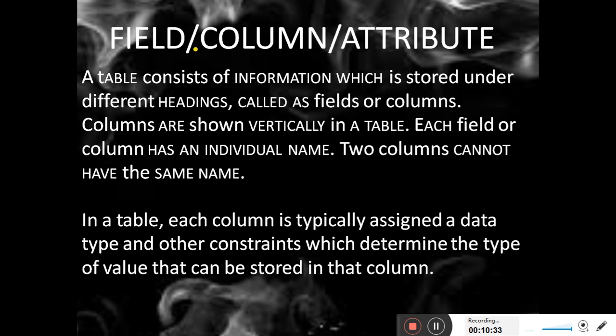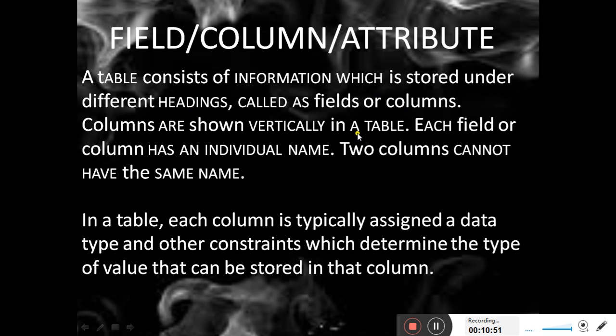Now next one is, what is a field or column? What do you mean by field or column? So a field is also called a column, and a column is also called an attribute. Okay, so field, column and attribute, these are the three common names which are used to define the vertical representation of the data. A table consists of information which is stored under different headings, correct, and called a field or column.